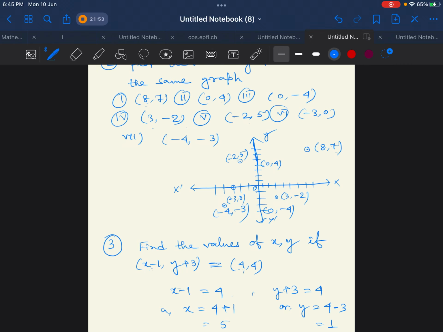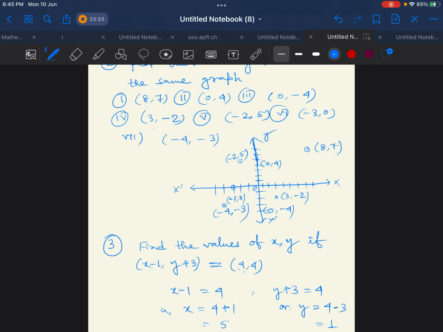So, on the x-axis we take the length from origin 8: 1, 2, 3, 4, 5, 6, 7, 8, here 8, and along y-axis we take 7 from origin: 1, 2, 3, 4, 5, 6, 7. So, this is the point 8, 7.